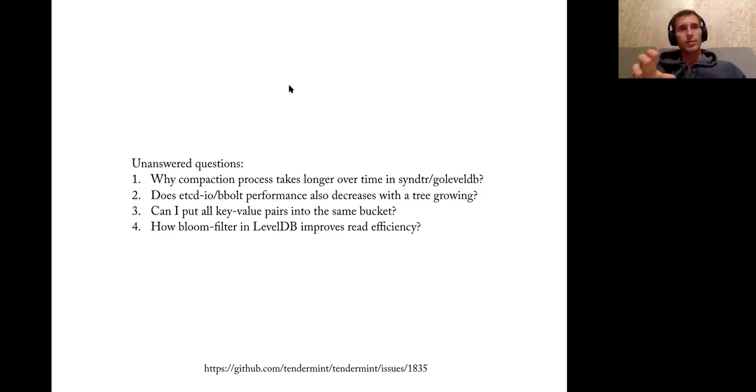So this bucket API is essentially for improving performance and splitting the size, because if you have just one tree, you end up with a very, very large tree. But it looks like you still can put all key-value pairs in the same bucket.